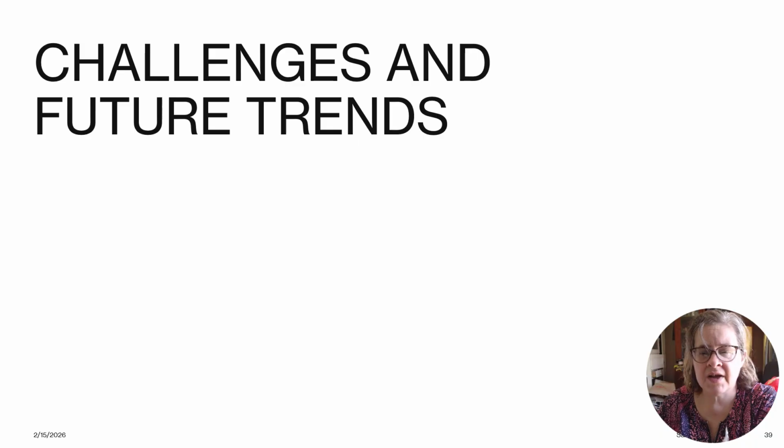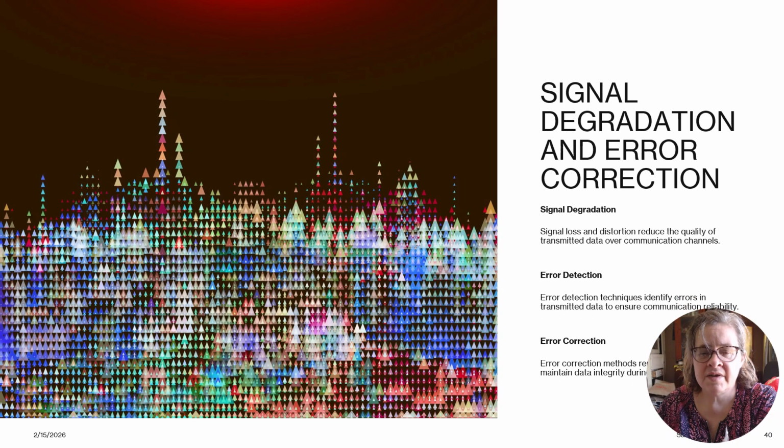Concluding with the current challenges in data transmission and emerging technologies shaping the future of analog and digital integration. Signal loss and distortion affect data quality. Error correction techniques help detect and fix transmission errors to maintain integrity.